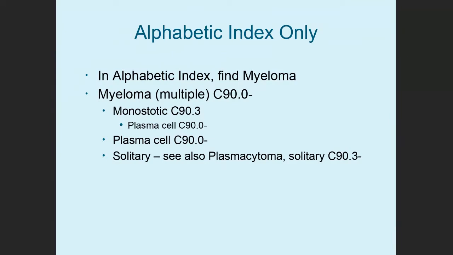Monostotic, C90.3, plasma cells, solitary, plasmacytoma, solitary, C90.3. So these give you the code in the alphabetic index, and you don't need to go to the neoplasm table. Now you do need to go to the tabular list to get the final digit for these, but you don't need to use the neoplasm table at all.